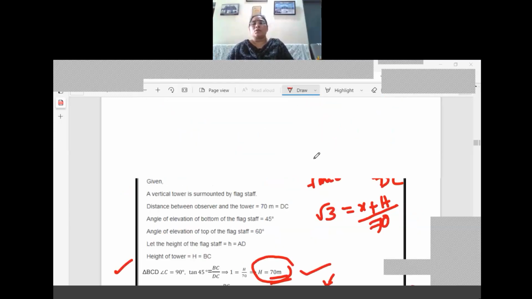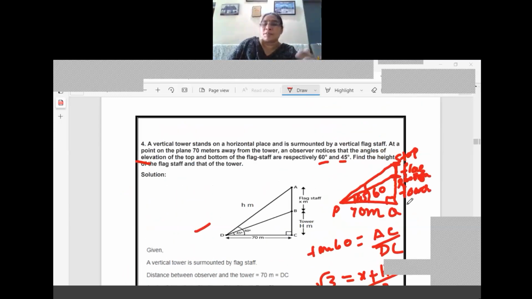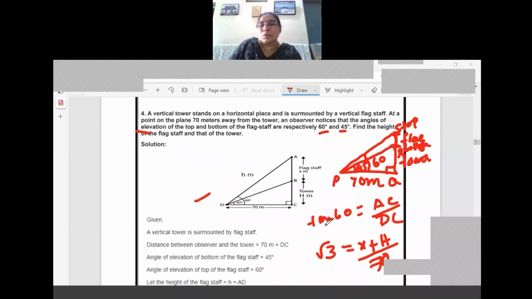Okay. So this question, compared to our previous questions, requires a little bit more: two steps here. Two right triangles we are getting. One is the right triangle with the 45 degree angle, and another is with 60 degrees. With these two right triangles we can form two equations.